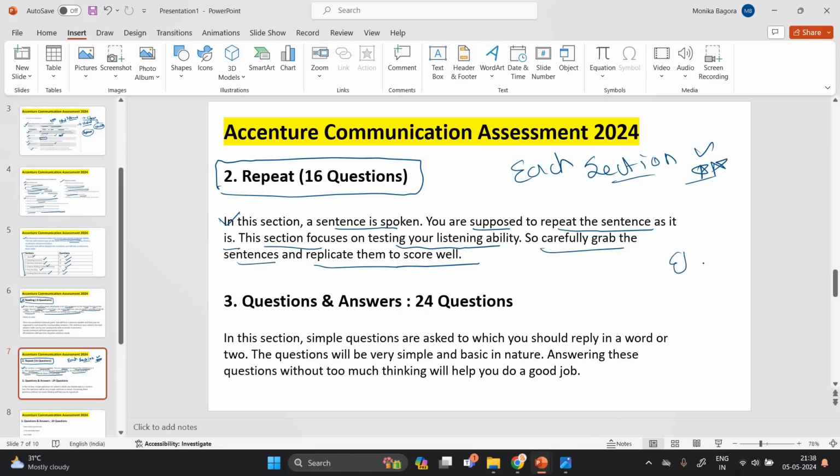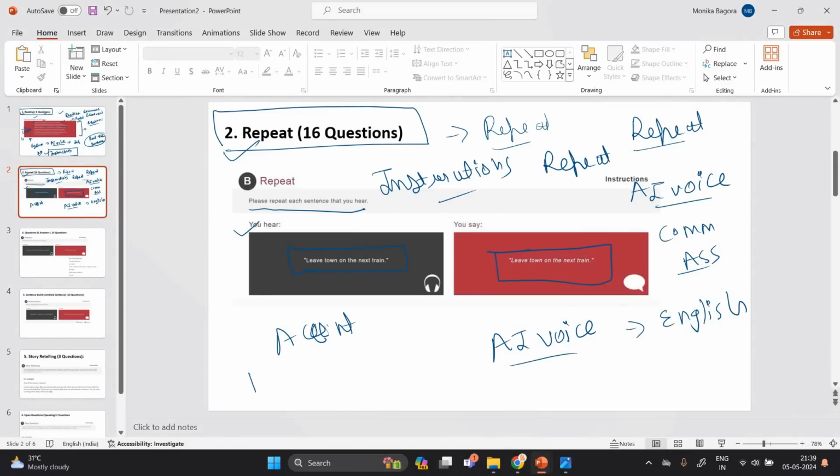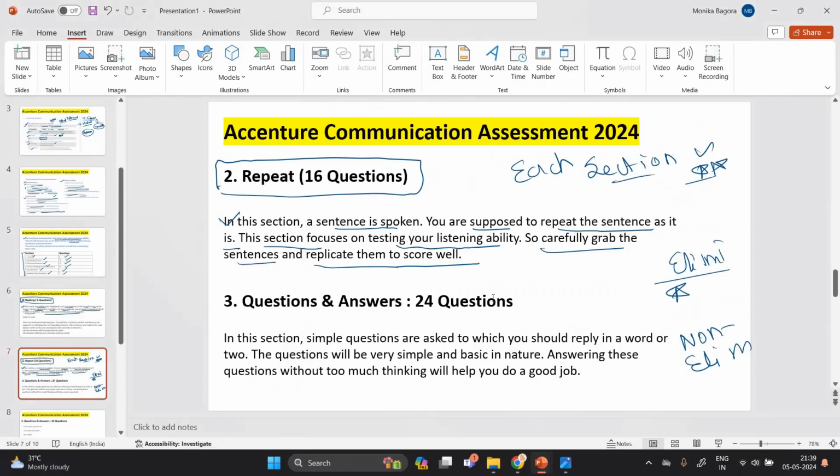In some websites it is mentioned that it is an elimination round, in some it is non-elimination. But I suggest you don't focus on elimination or non-elimination. Perform very well, so you will have the opportunity of an HR plus technical interview. This round is also important. That's why they added this round in the hiring process.